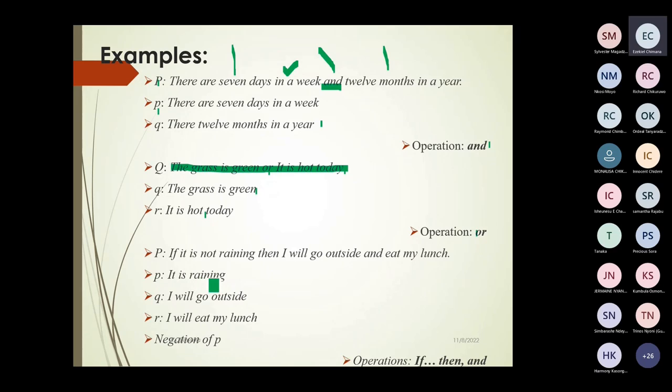So it is raining is the first simple statement. From here, when you're saying if it is not raining, which means we require the negation of P. So the simple statement is that it is raining. Then I will go outside, which is the second statement.